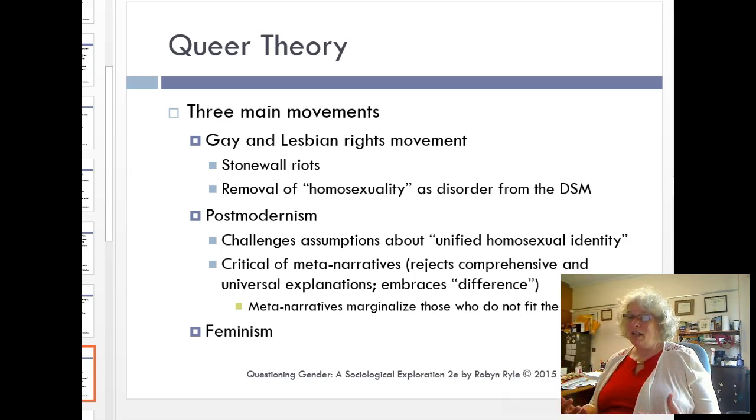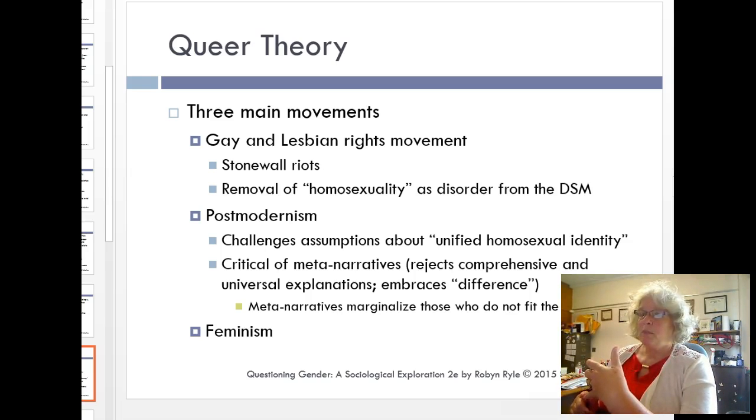So this breakdown on the PowerPoint helps us just put it into thought. There were three main movements: the gay and the lesbian rights movement, and they're based in some of those historic pictures, the Stonewall riots, and the removal of homosexuality from the disorders of the DSM. So these are important pieces.